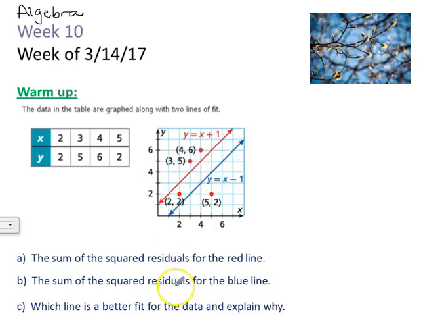And we're going to do that by finding the sum of the squared residuals for each the red line and the blue line. So go ahead and click pause and work on the warm-up problem in your math notebook, and then when you're ready to share your work with mine, go ahead and click play.